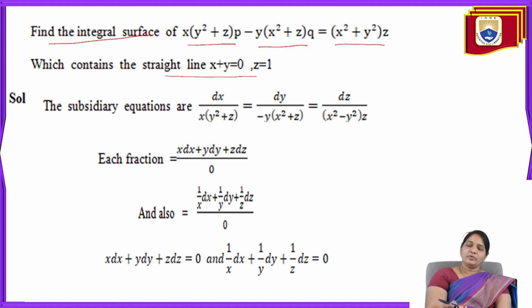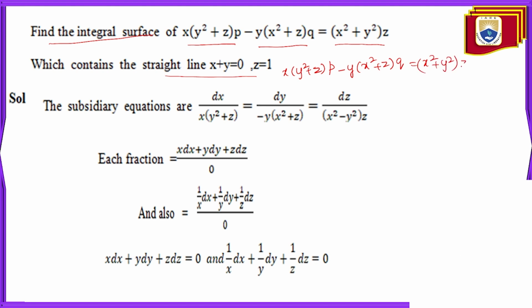So first of all, we have to take the equation that is x into y square plus z into p minus y into x square plus z into q equals x square plus y square into z. This is our given equation.